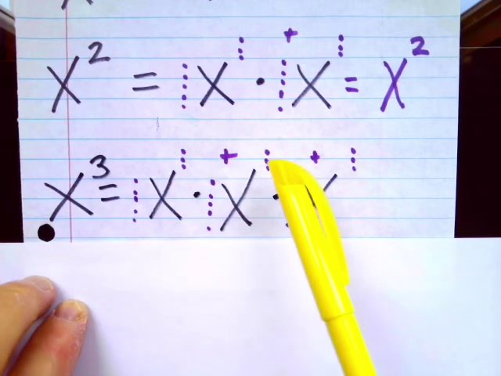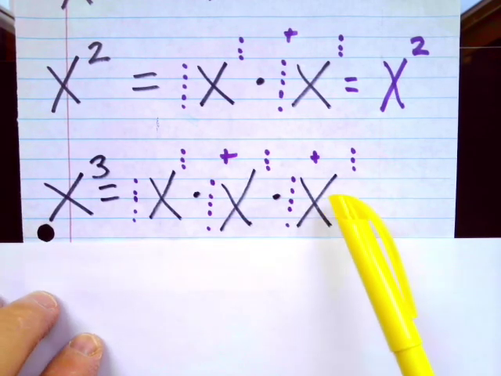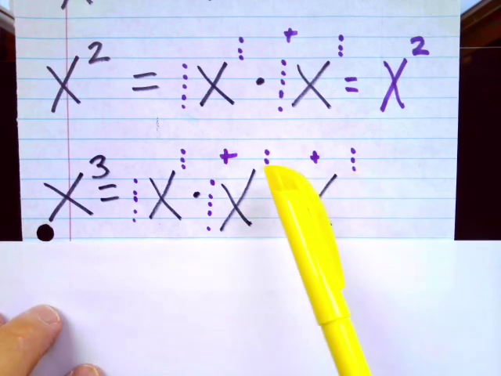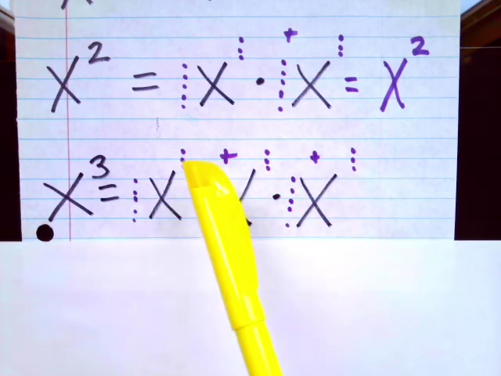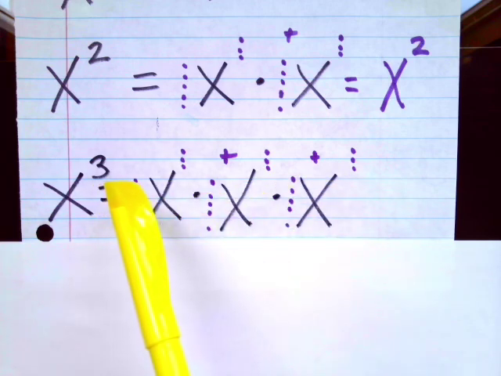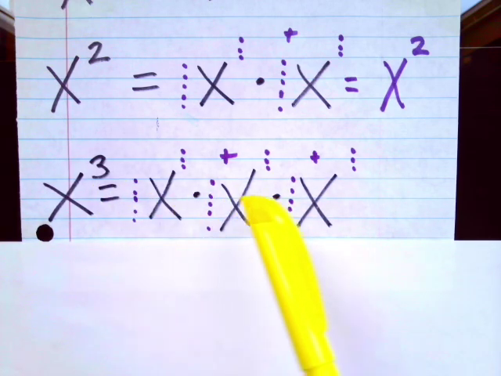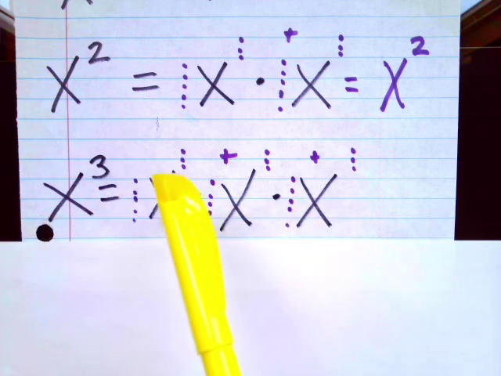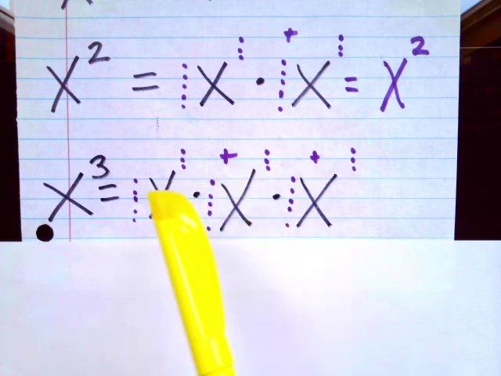You add the exponent. So each of these x values has an invisible 1, right? So 1 plus 1 plus 1 is 3. So that's why when you multiply x's 3 times, 1x times 1x times 1x is 1x. The rule is you add those exponents when you multiply. We end up with x to the third power.